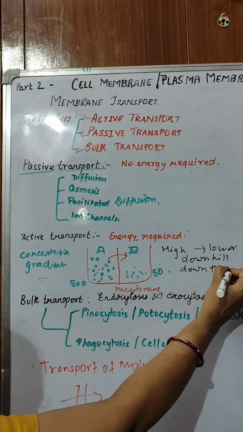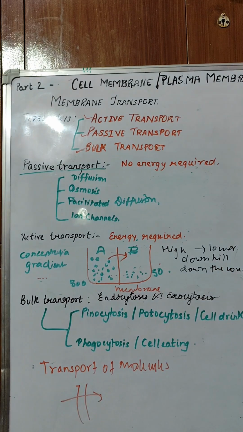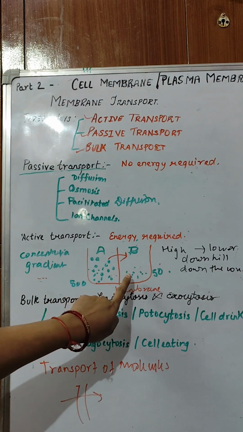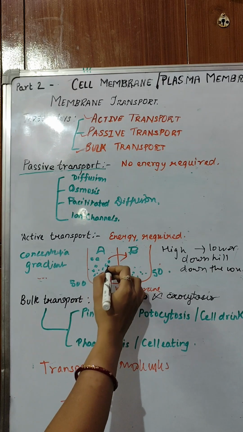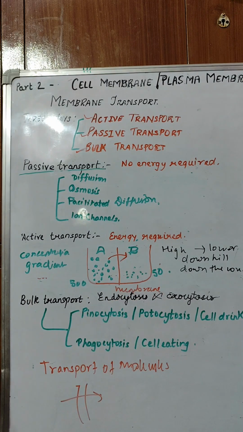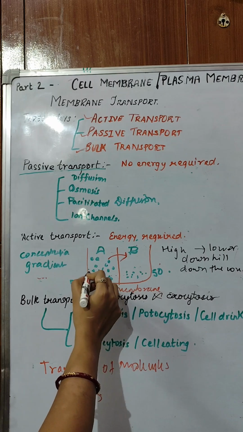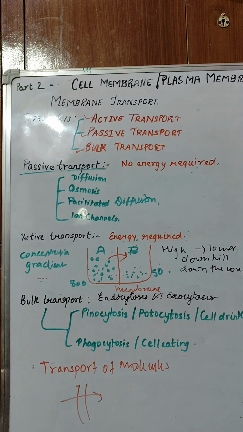Just remember: when the movement of molecules is from higher concentration to lower concentration, it is downhill movement. And it will move very easily, because there are already so many molecules over here.